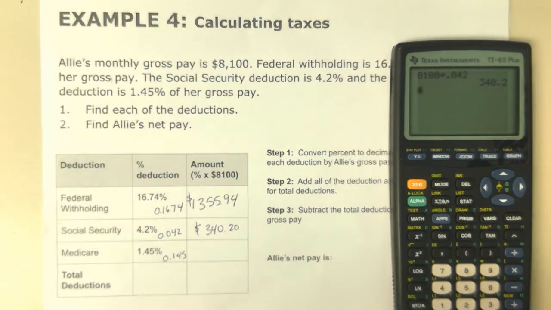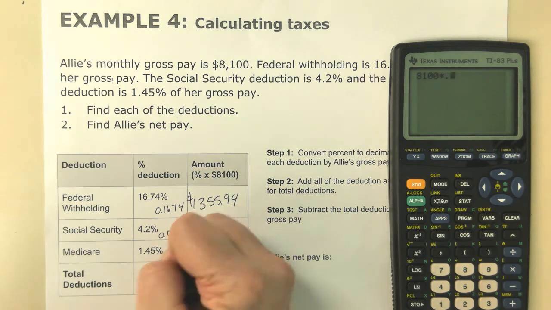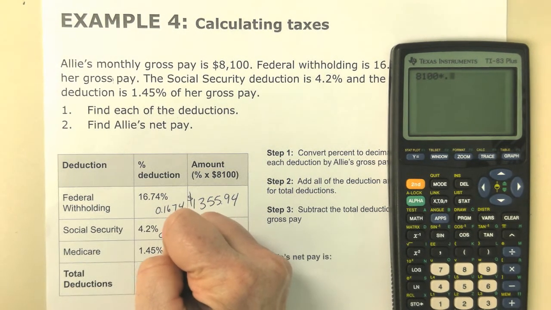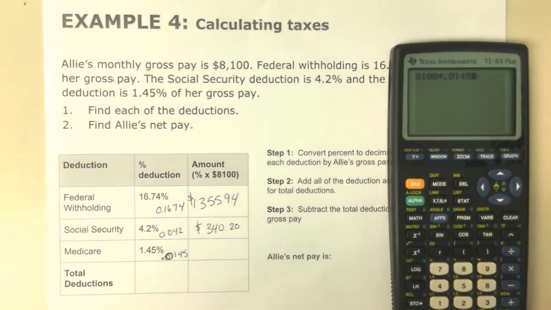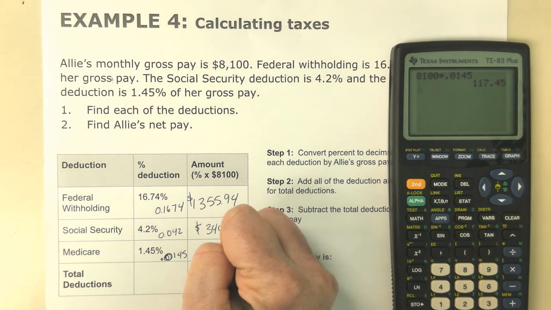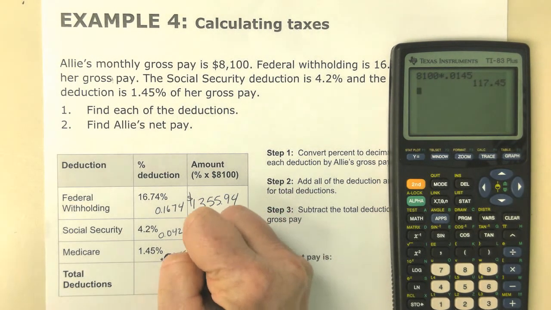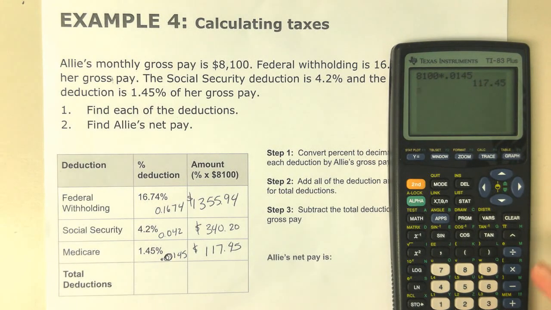And the last one is going to be 8,100 times 0.0145, and that equals $117.45.